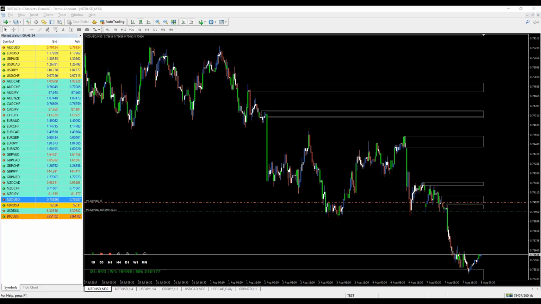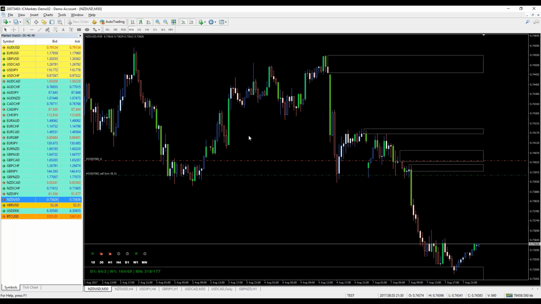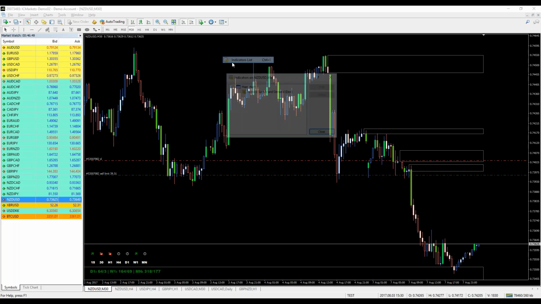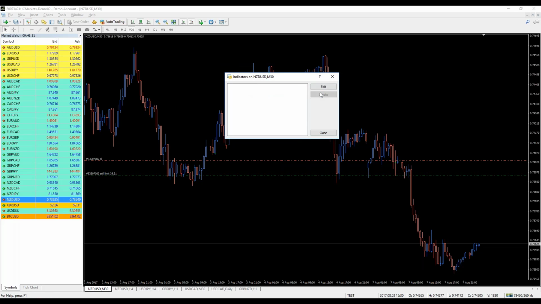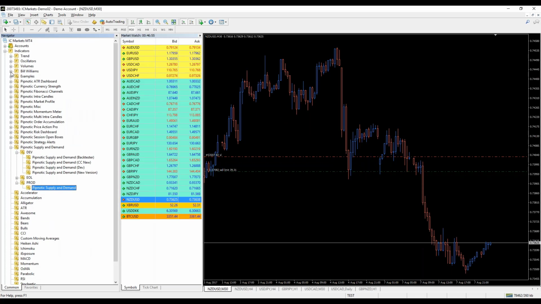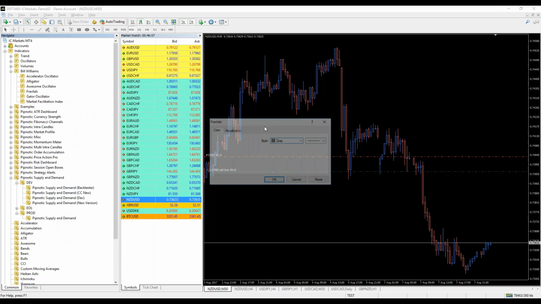Our core Brahmana here is asking me to explain market flow. Absolutely, I'd love to. Market flow, it's a pretty simple concept, and it simply states that if you have, I'm going to remove all these indicators here to make this super clear. I'm going to add one indicator here. Mr. Bill Williams, thank you very much.